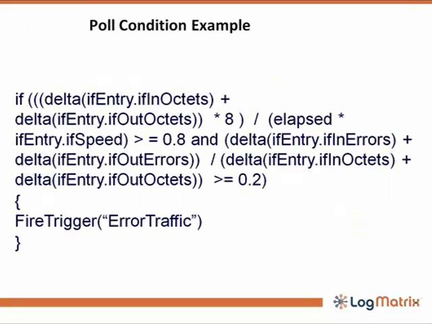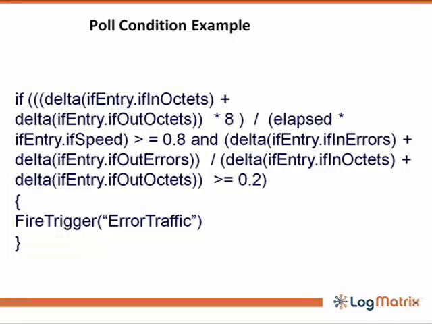How do we do it? We do it by the way we write NerveCenter polls. This is an example of a NerveCenter poll condition. This is a delta. The delta is the difference between two consecutive polls. The delta, the time difference, is based on the interval time that we assign to the poll.